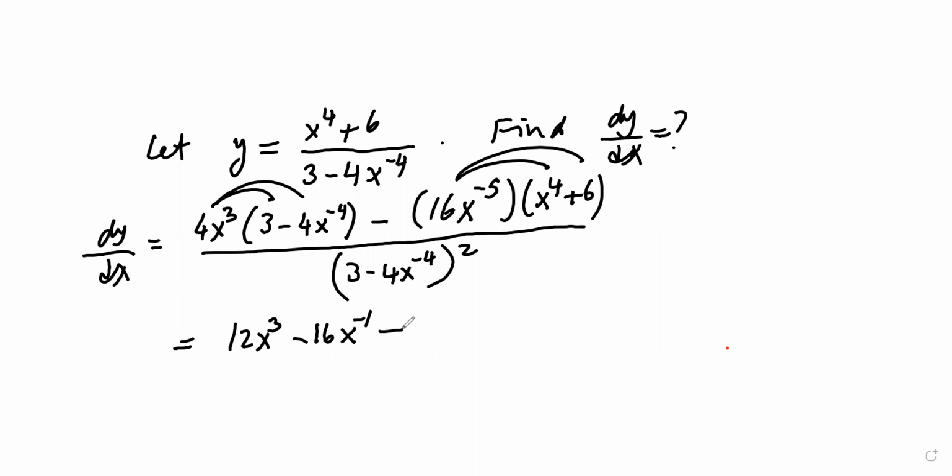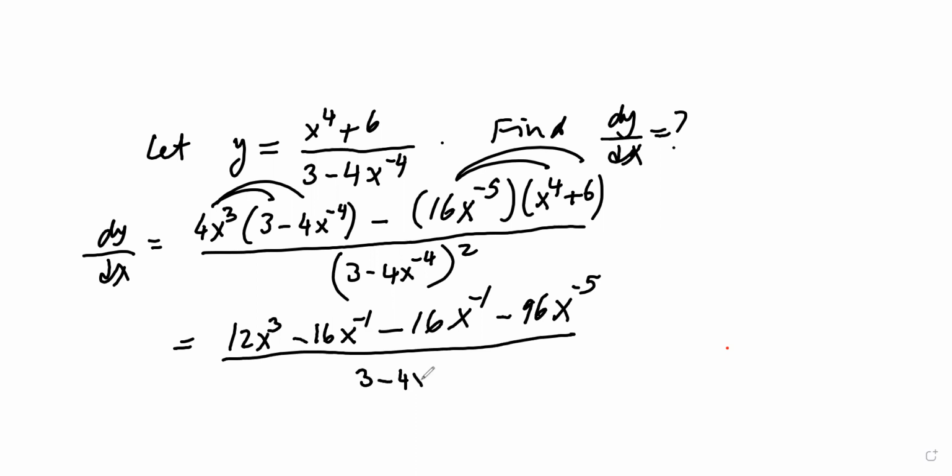And then over here, we'll have 16x to the positive 1, negative 1 again. Negative 5 plus 4 is negative 1. And then 16 times 6, that's going to be negative 96 x to the negative 5th power, divided by 3 minus 4x to the negative 4, squared.